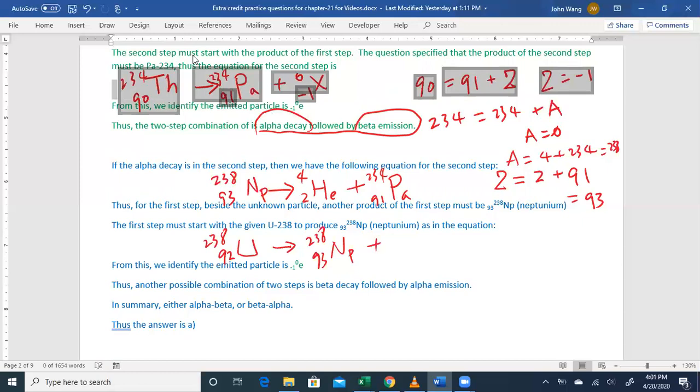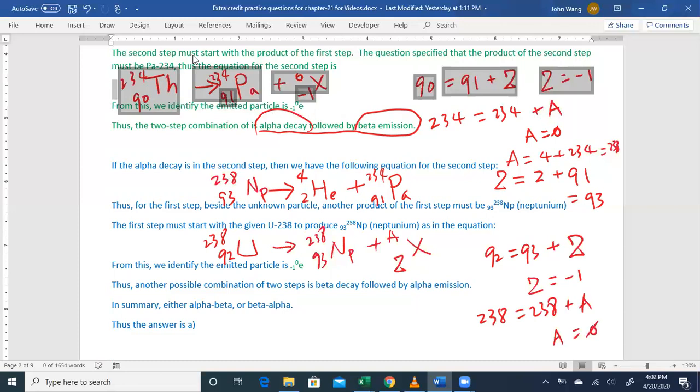From this, we can find the identity of the other particle in the first step. If we call that X again, with atomic number Z and mass number A, we can say 92 equals 93 plus Z, and solving for Z, Z equals -1. Similarly, for the mass number, 238 equals 238 plus A, so A equals 0.